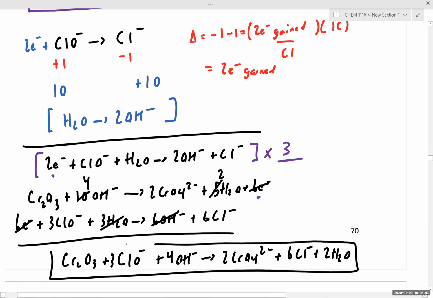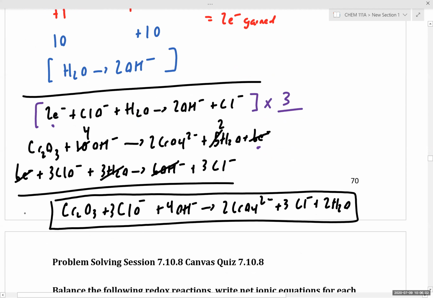So here we have our complete and balanced, oh, that should be a 3. Just checking. Perfect. So now let's verify really quickly, is this equation balanced?